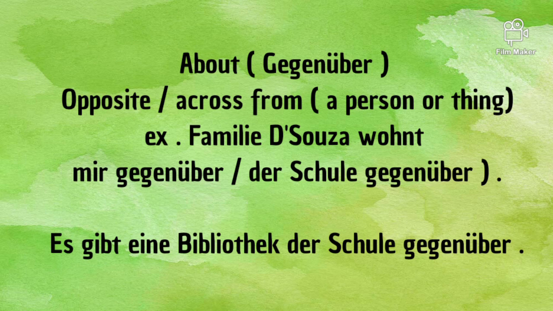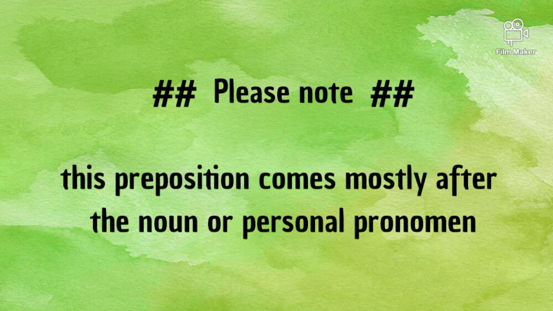It means the family D'Souza lives across from me, or across from the school. Next sentence is Es gibt eine Bibliothek der Schule gegenüber. It means there is a library opposite the school. Please note friends that this preposition comes mostly after the noun or personal pronoun.